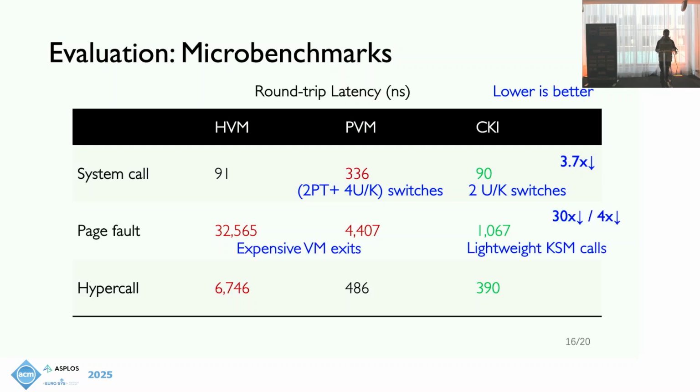CKI also reduces the page fault latency by 30 times and 4 times compared with HVM and PVM, as it avoids the expensive VM exits for EPT shadowing or shadow paging. Compared with HVM, CKI reduces the hypercall latency by 17 times, as its hypercall no longer needs to trap to the L0 kernel.